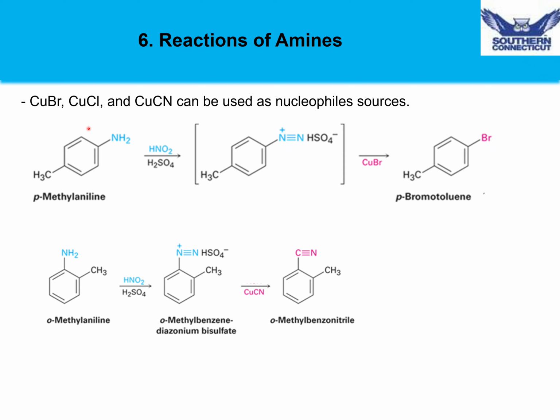The diazonium salt in the Sandmeyer reaction, again, is formed by reacting nitrous acid, usually in combination with sulfuric acid, to convert the amino group in an aniline to a diazonium salt, which can then react with several copper salts, such as copper bromide, to replace the diazonium group with the bromine.